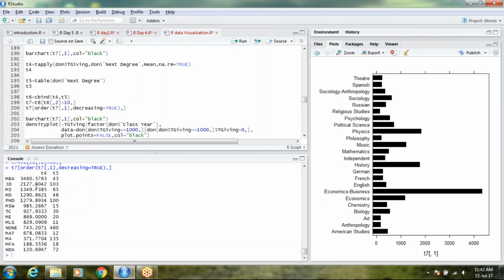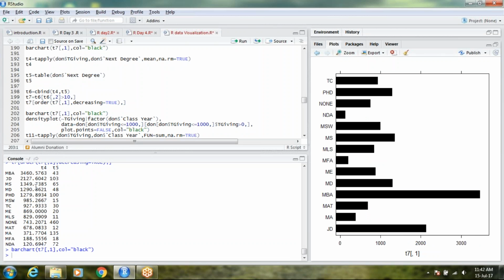Now if I see this in a bar chart, the one with MBA has contributed the highest, followed by JD, and then the rest. And let's see, I want to make a density plot of this, giving it along with the factor that is my class, or the year of the class that they have passed out.